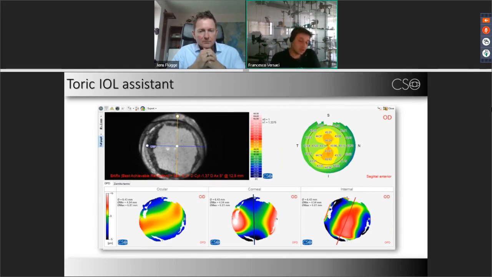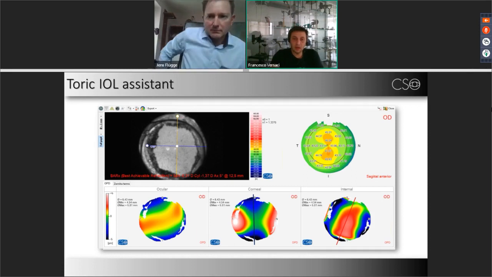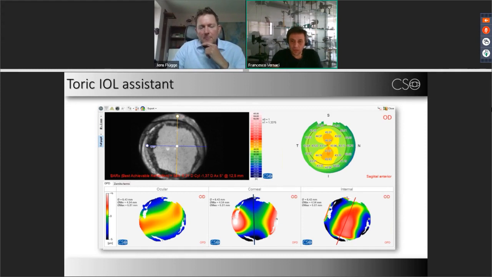So to understand if the issue is an issue of toric power calculation, or is an issue of axis of the toric lens, and also gives you the chance of calculating the amount of rotation that ideally you have to provide to the customer if you want to realign it in the corneal axis.